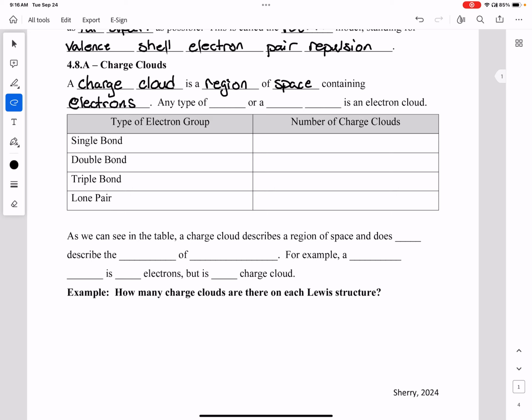So this could be a bond or a lone pair. Since we're just describing a region of space, it doesn't matter how many bonds there are, whether it's a double bond or a triple bond. Every single one of these is one charge cloud.